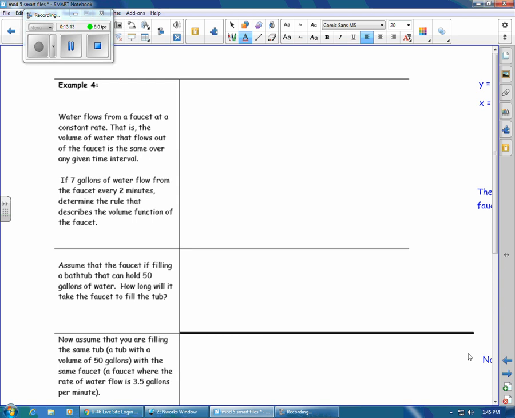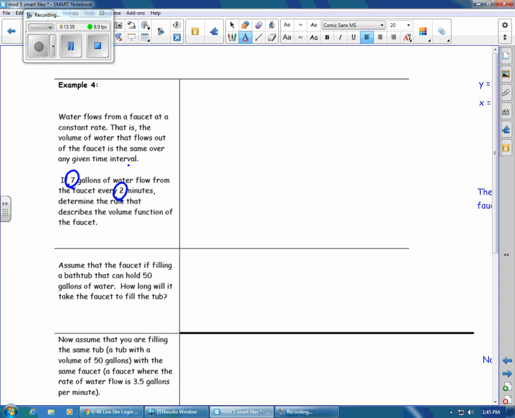Example 4. Let's take a look here at what we've got going. Example 4. Water flows from a faucet at a constant rate. That is, the volume of water that flows out of the faucet is the same over any given time interval. If 7 gallons of water flow from the faucet every 2 minutes, determine the rule that describes the volume function of the faucet.